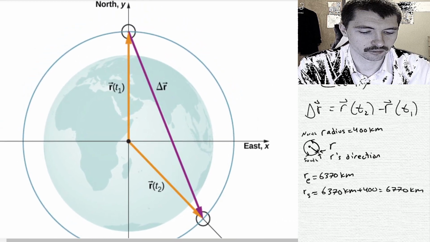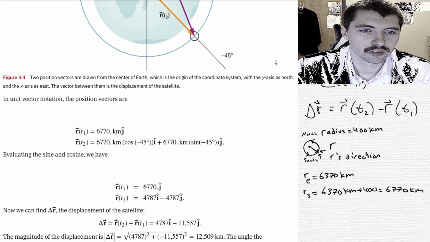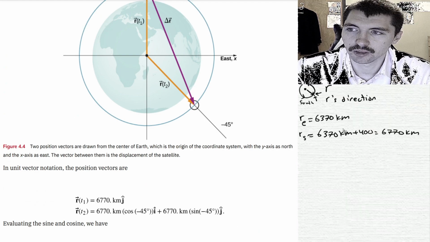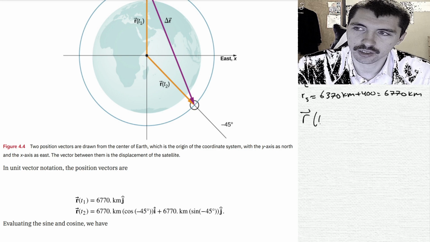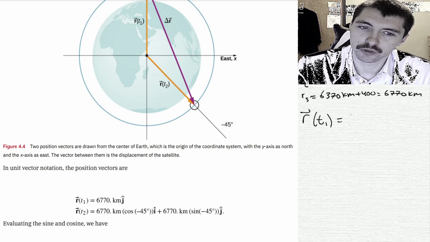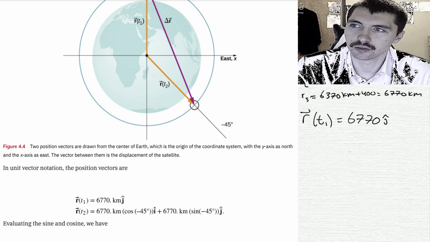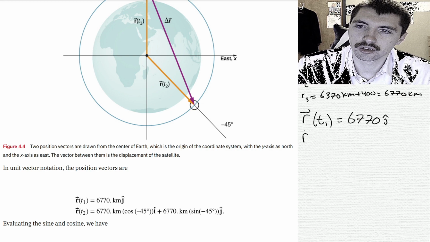Okay. 2 vectors. Okay. Unit vectors. Okay, so hopefully you guys did not forget how to rewrite these. So J, it's going up. R T2.